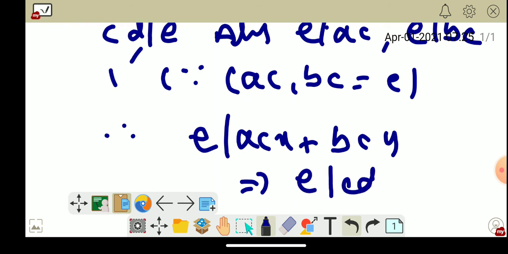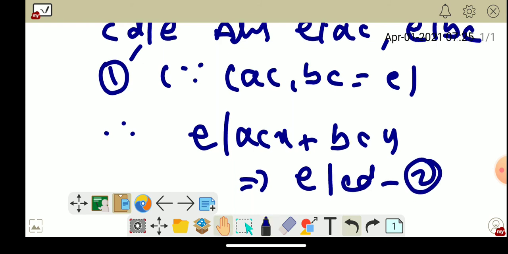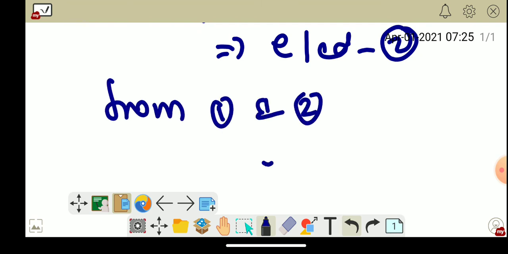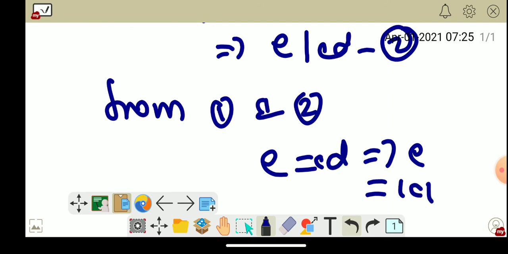This is equation 1 and this is the second equation. From 1 and 2 we can write E is equal to CD. That implies E is equal to mod C into D. Ends the theorem.